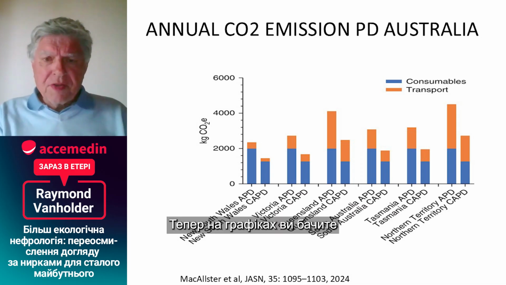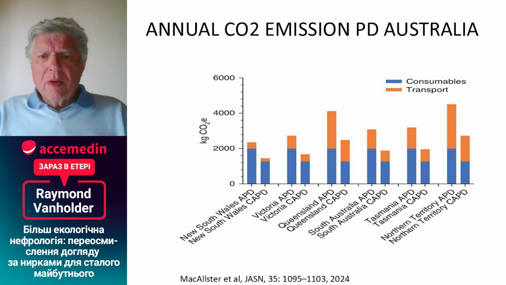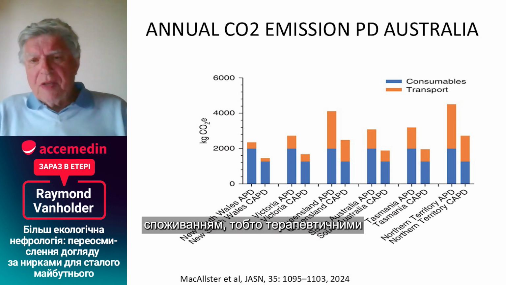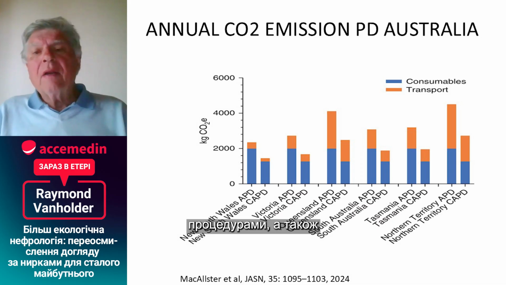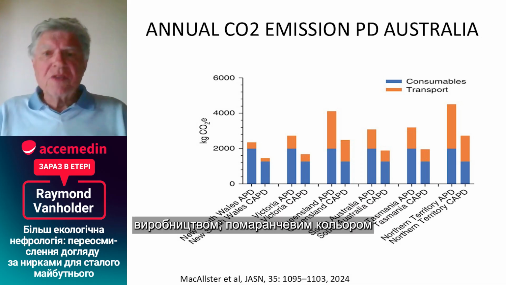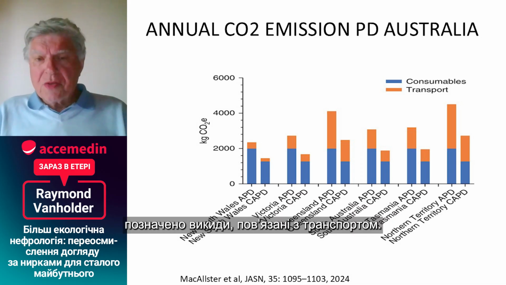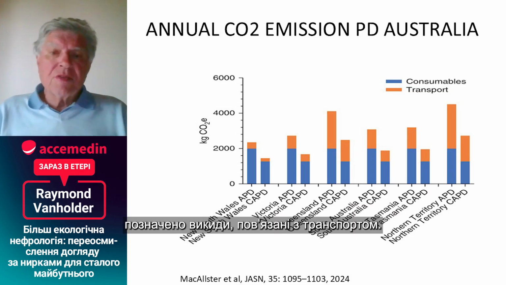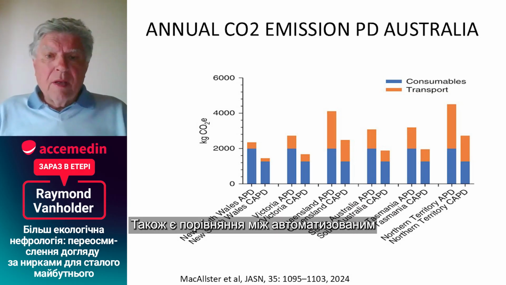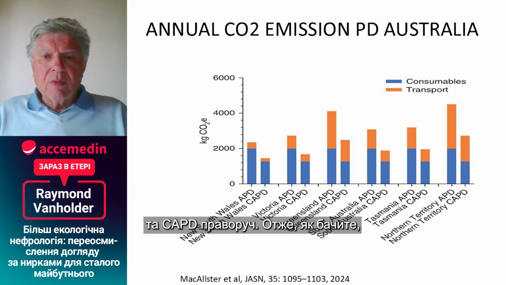Now, in the bars, you are seeing the CO2 production, on the one hand in blue related to consumables, let's say the therapeutic act, and also the manufacturing, and in orange, the transport. And then there is a comparison between automated peritoneal dialysis each time on the left and CAPD on the right.